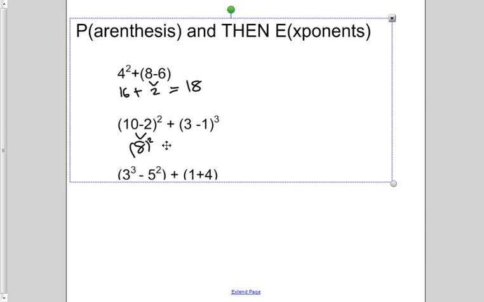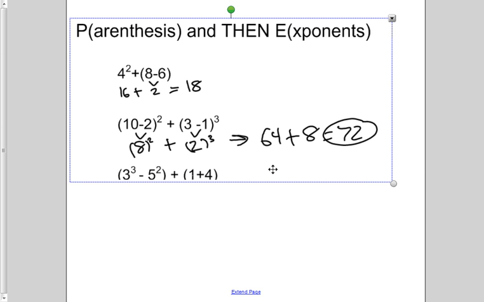Over here, let's solve the parentheses first. 3 minus 1 is 2. And then again, we're going to make that to the power of 3. All right. Now let's simplify this problem a little bit more. 8 to the power of 2 is 64, plus 2 to the power of 3 is 8. And so my final answer is going to be 72.